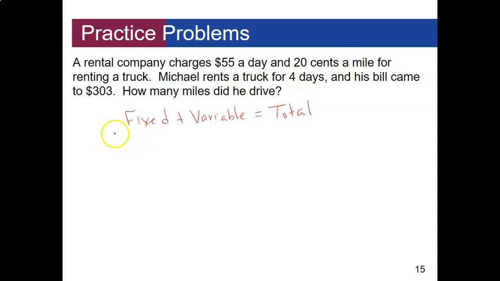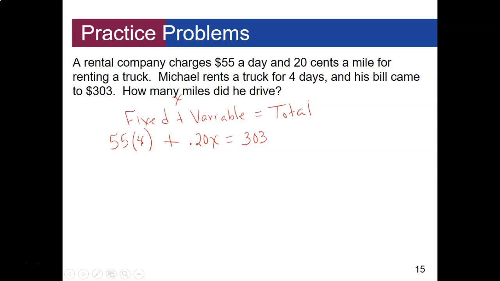So the fixed cost is his $55, and he rents that for 4 days, so he's going to pay that whether he drives the truck or not. It's $55 times 4 for the total fixed cost. The variable part is the 20 cents per mile. For every mile that he drives, he has to pay that 20 cents, and how many miles he drives is going to be represented by X. And we know that his total is 303.